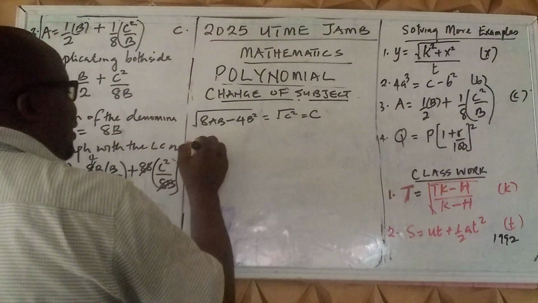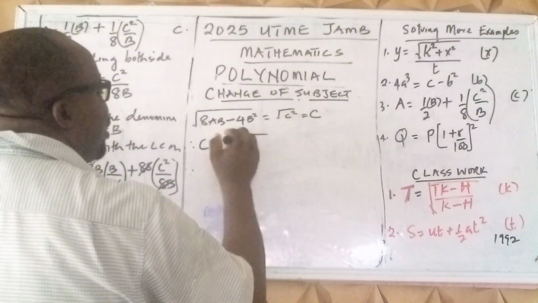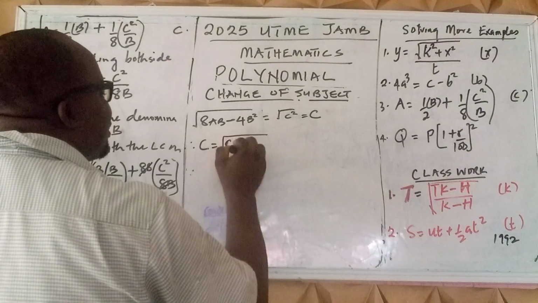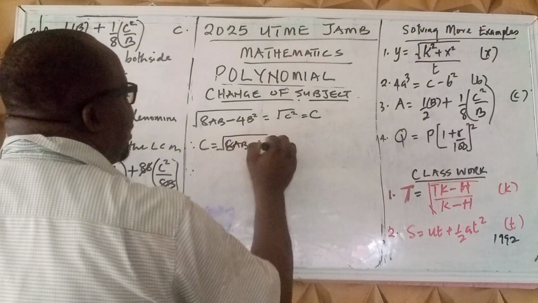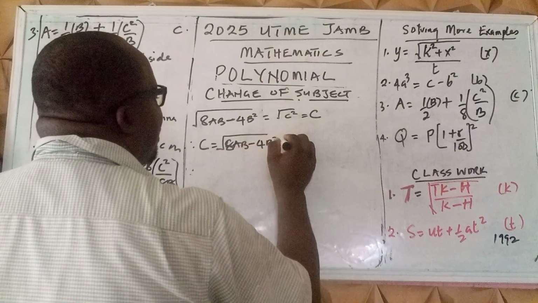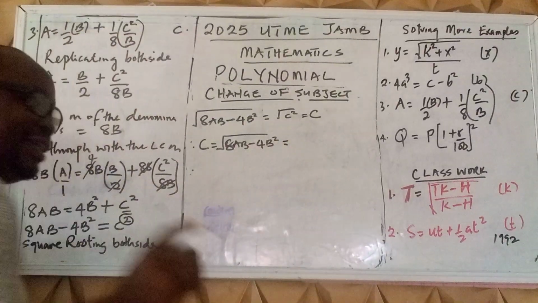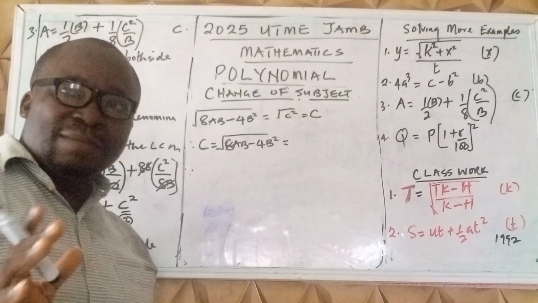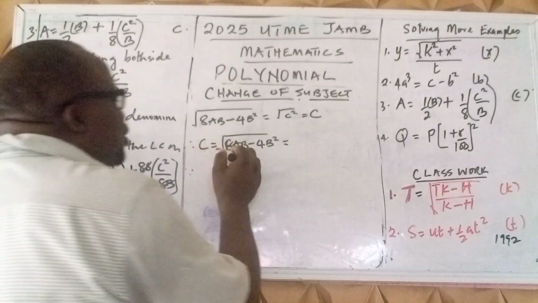So I say that c is equal to the square root of 8ab minus 4b squared.